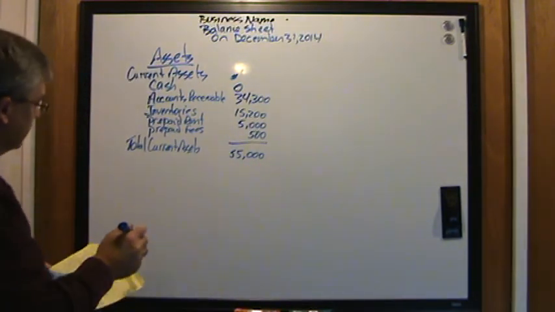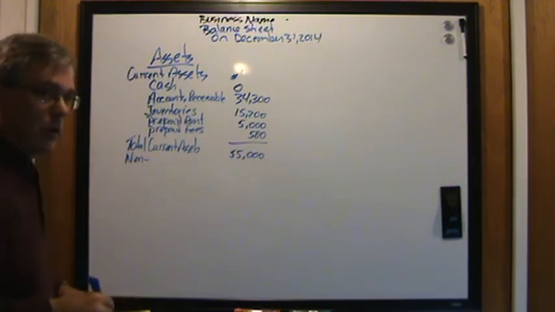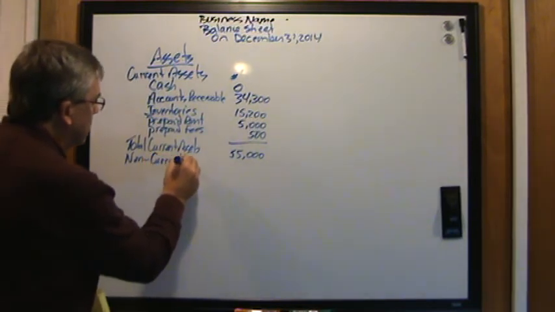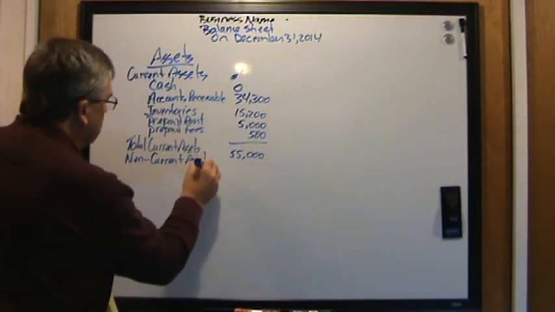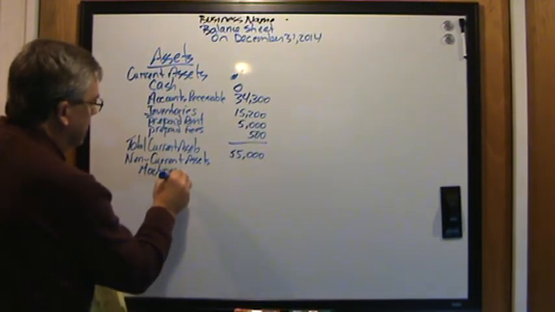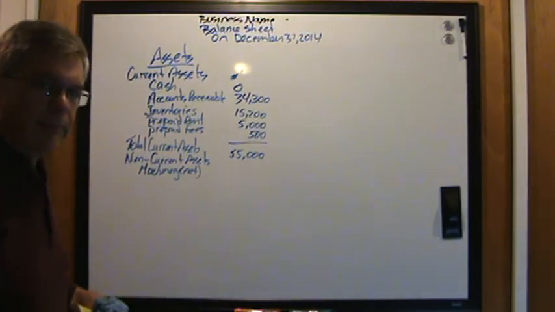Non-current assets, okay, so non-current or long-term assets, and that's just machinery, and it's a net figure, which means this is the net book value.